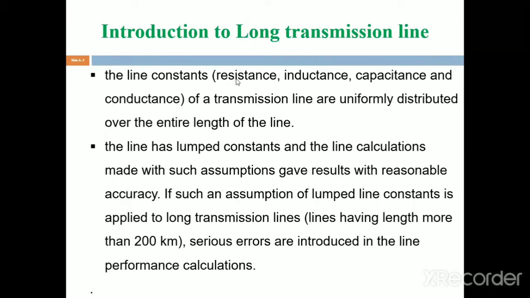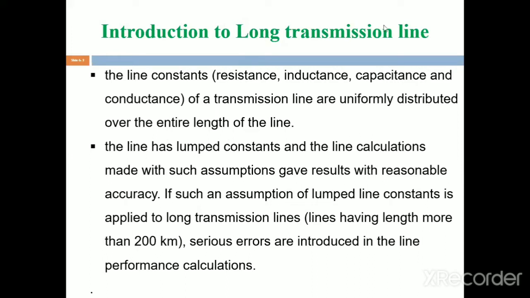The capacitance is included because as the length of the line increases, the effect of capacitance also increases. The line constants, that is resistance, inductance, capacitance and conductance of the transmission line, are uniformly distributed over the entire length of the line.